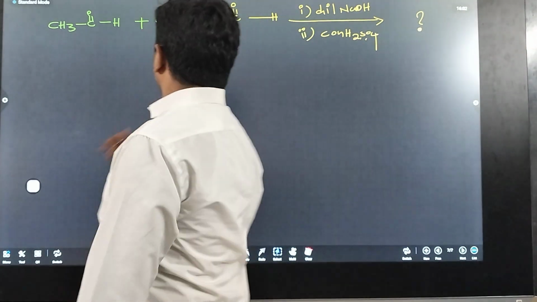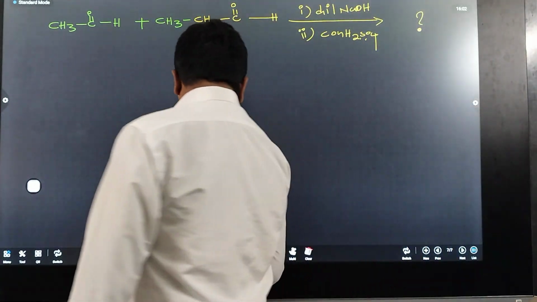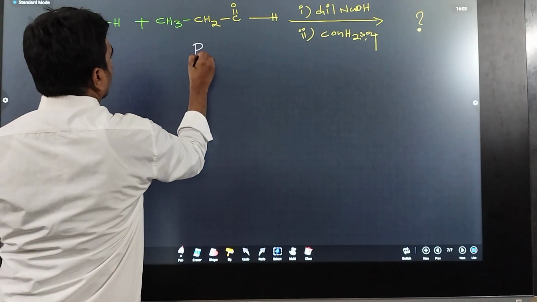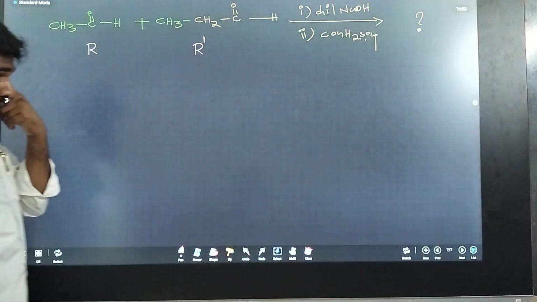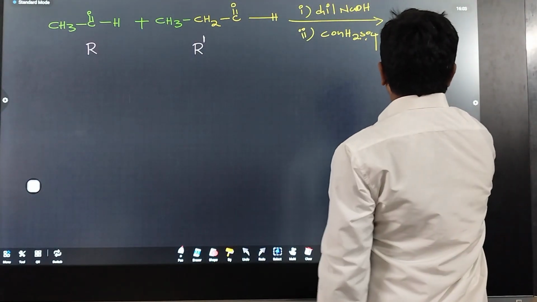For JEE, how many number of products are obtained? I can write this as R, and this is the R prime, so this is an aldehyde. So the possible products are, how many possible products?